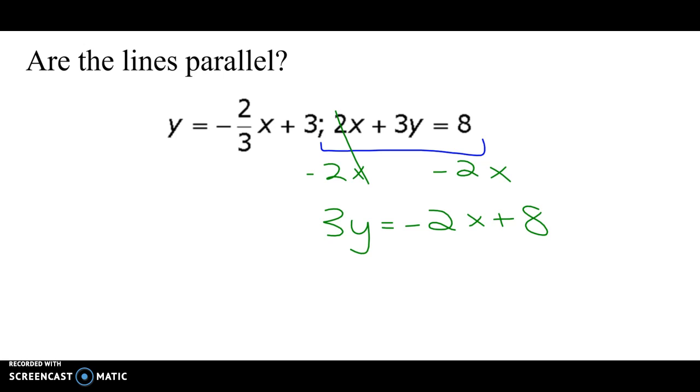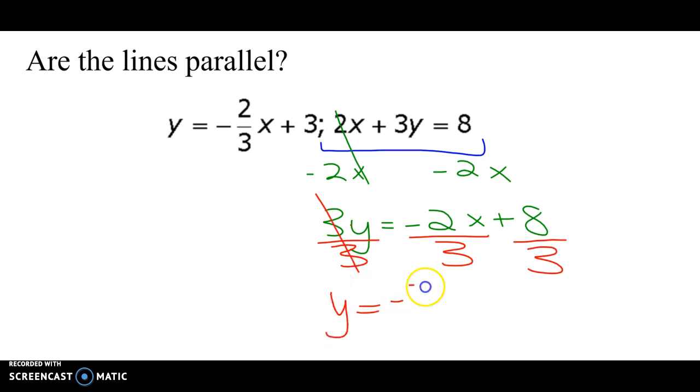And then Ethan, what's the only thing left from keeping y by itself? Multiplied by 3, so we need to divide all 3 terms by 3. So that cancels. Now we are in y equals mx plus b, slope-intercept form. And just keep 8/3 as a fraction.